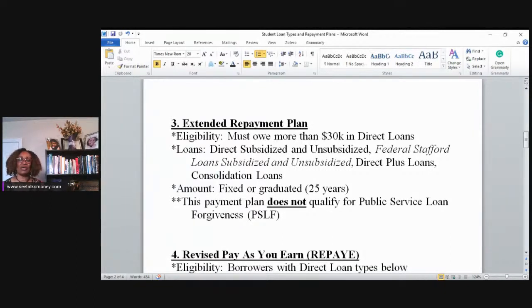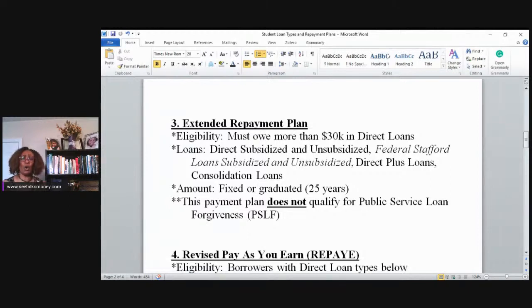It depends on when you got your first disbursement in your loan. So you could end up paying a fixed amount, and really you are required to pay this within 25 years. Or you could end up with the graduated payment plan. And again, this payment plan does not qualify for public service loan forgiveness.